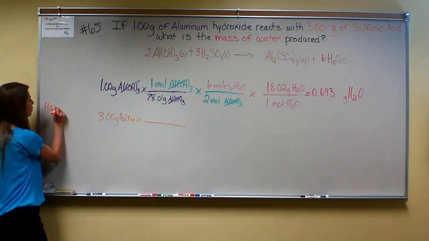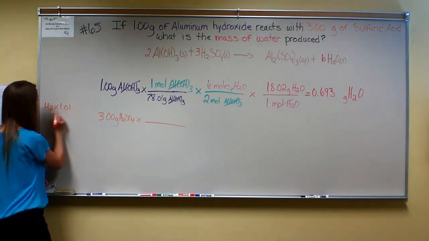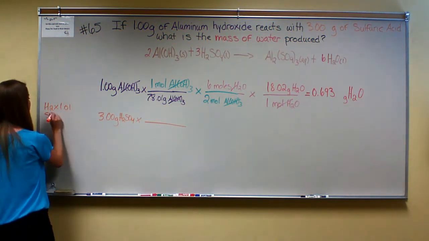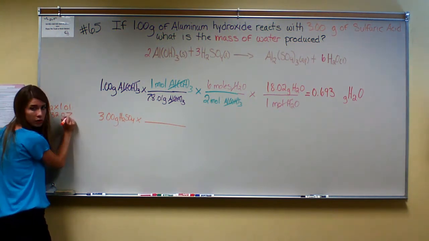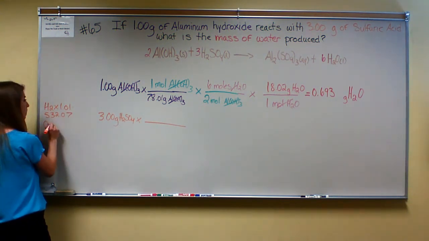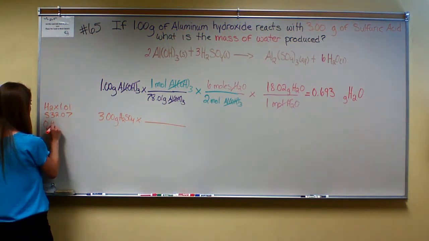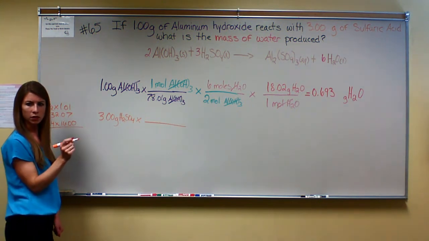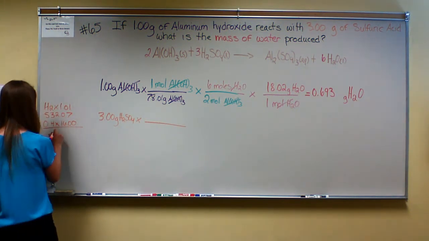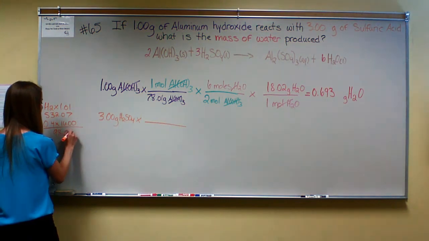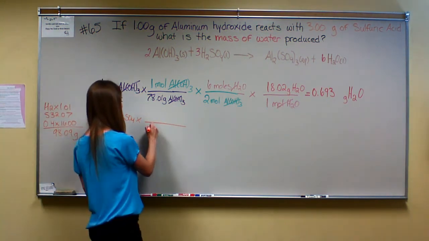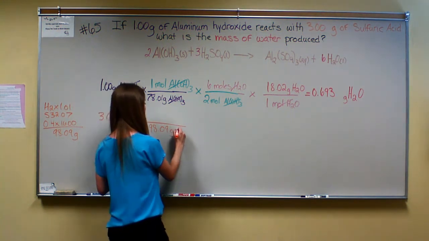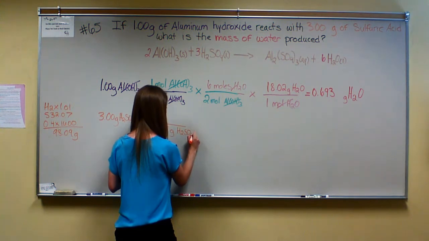So 2 hydrogen times 1.01, 1 sulfur at 32.07 grams, and 4 oxygen at 16 gives us a total of 98.09 grams of sulfuric acid.